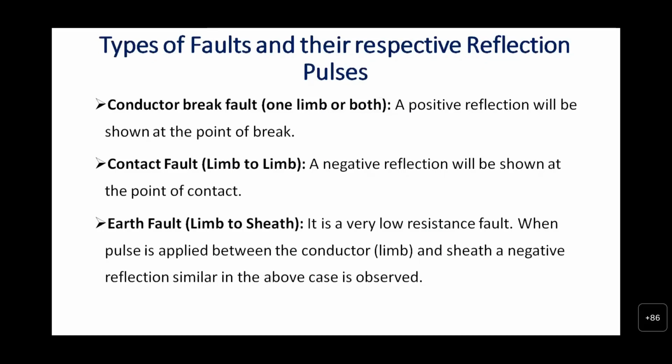Similarly, for limb to limb contact faults, a negative reflection is shown at the point of contact. Another is earth fault, that is limb to sheath. It is a very low resistance fault. When a pulse is applied between the conductor and the sheath, a negative reflection similar to the above is observed.